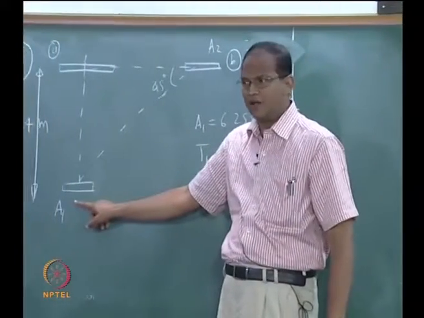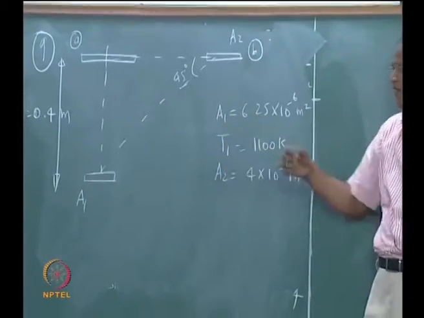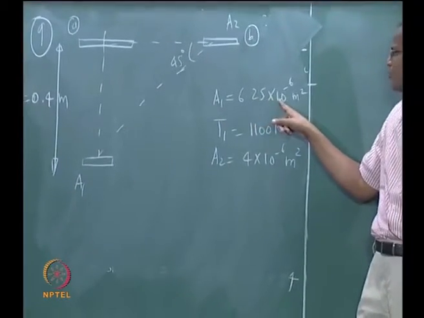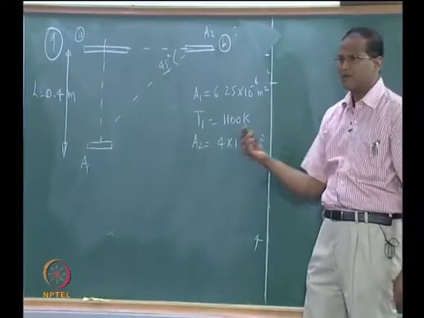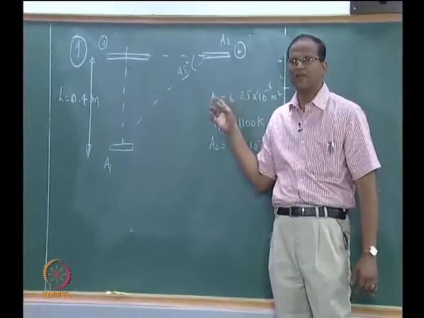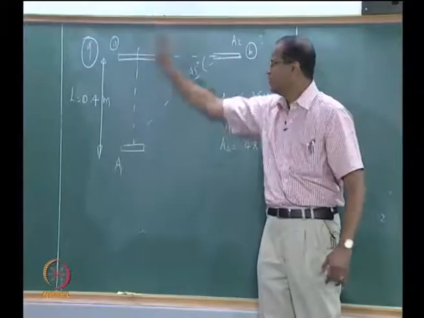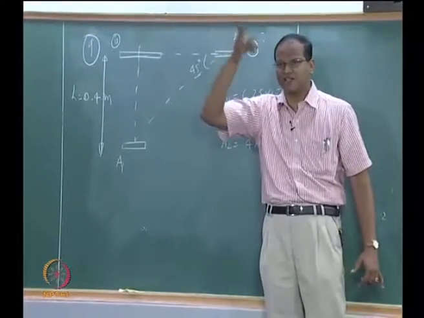There is an emitter A1, a small emitter, area 6.25 times 10 to the power of minus 6 meter square. It may be a circular disc, you can use pi d square by 4 to find out. Everywhere there is vacuum, so that you do not worry about convection and conduction.